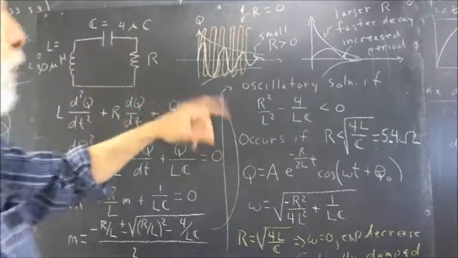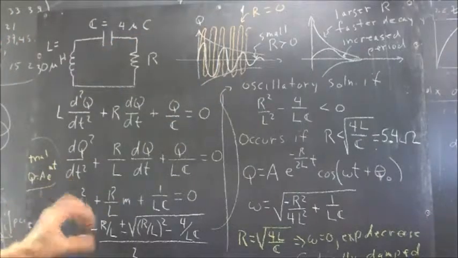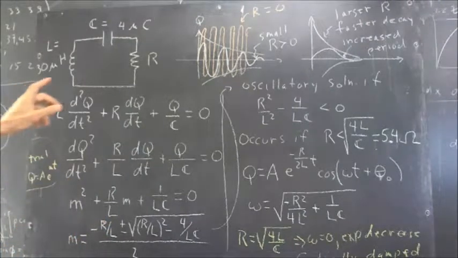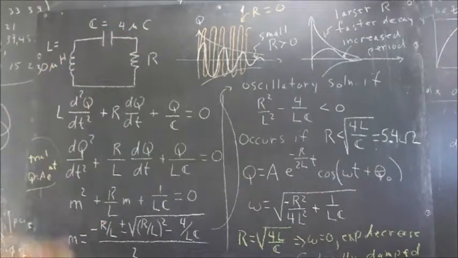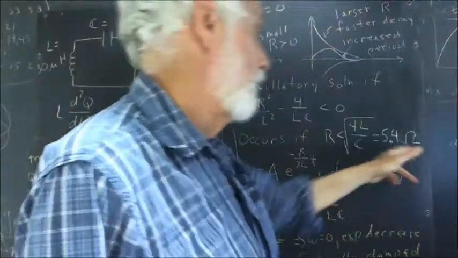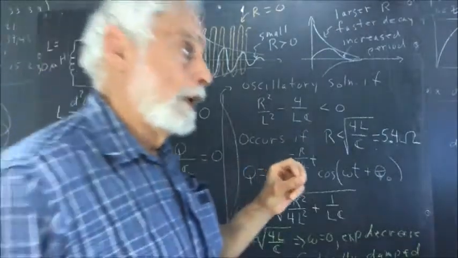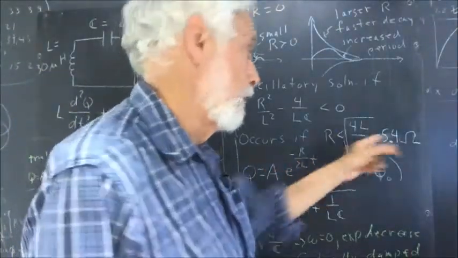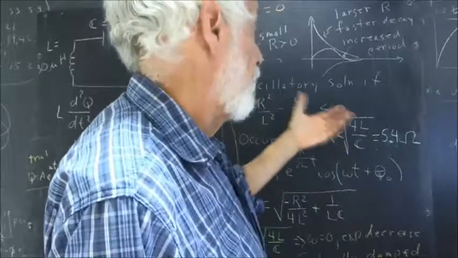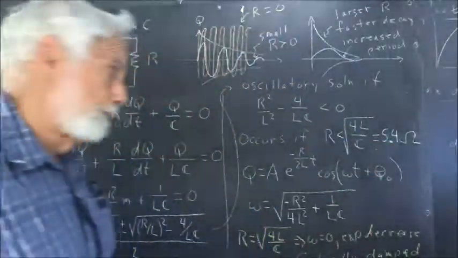C will be 4 microcoulombs. 120 divided by 4 is 30. Microhenries divided by microcoulombs gives us squared ohms. Taking the square root, we get ohms, and you should work out the details of the units. Anyhow, the square root of 30 is about 5.4, so we get about 5.4 ohms.